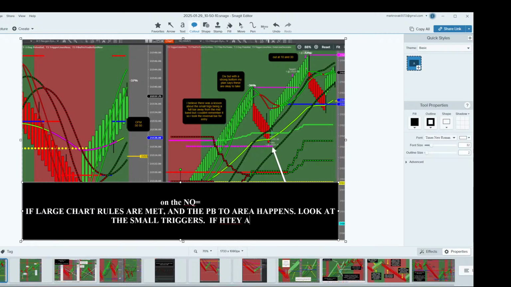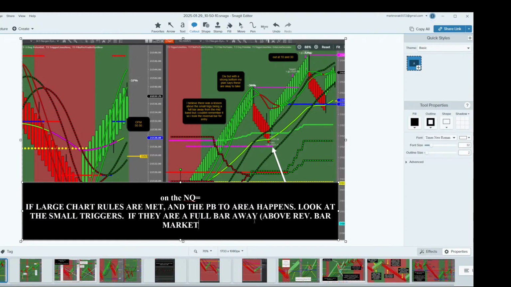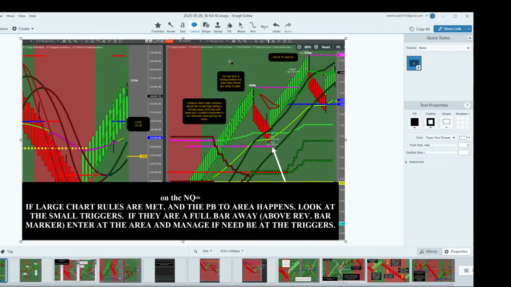If they are a full bar away, above reversal bar marker, enter at the area and manage if need be at the triggers. Does that make sense?